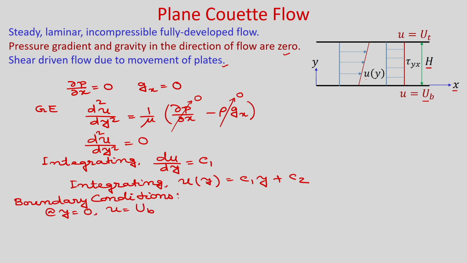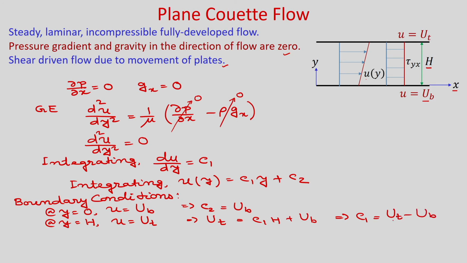If you put this in, it will give C2 is equal to u b. And at y is equal to h, we have u is equal to u t. This will give u t is equal to C1 h plus u b. So, that will give C1 as u t minus u b divided by h.